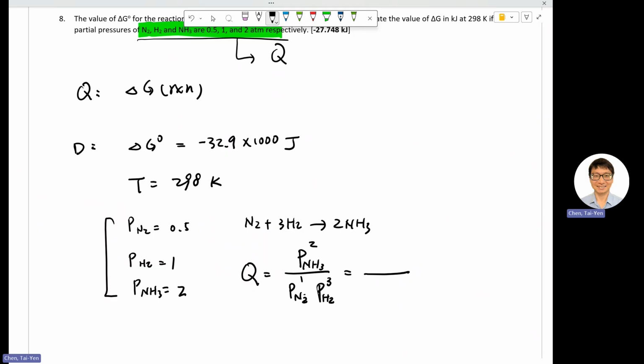NH3 is 2, so 2 to the second, N2 is 0.5 to the first power, and then 1 to the third power.